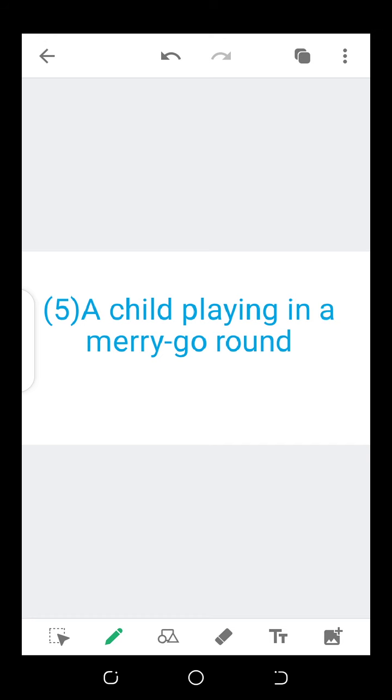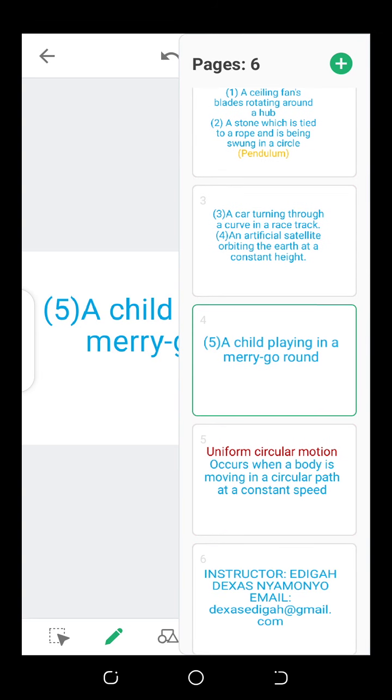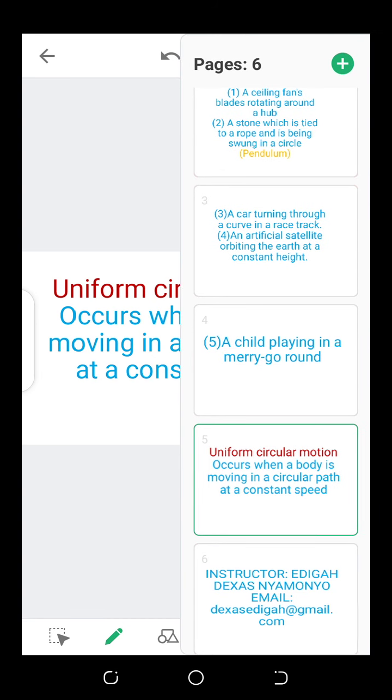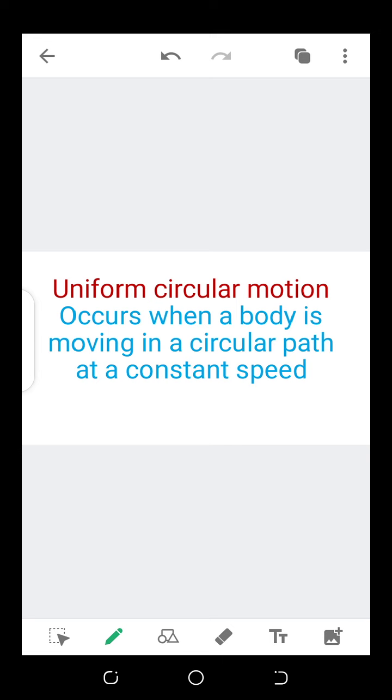So in this topic, we'll be looking at most of the objects or bodies that are going to move in a circular path. For that, we conclude that uniform circular motion occurs when a body is moving in a circular path at a constant speed. So for it to be uniform, that's why we introduced the term uniform.